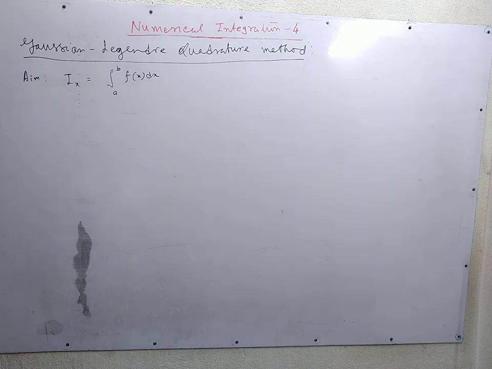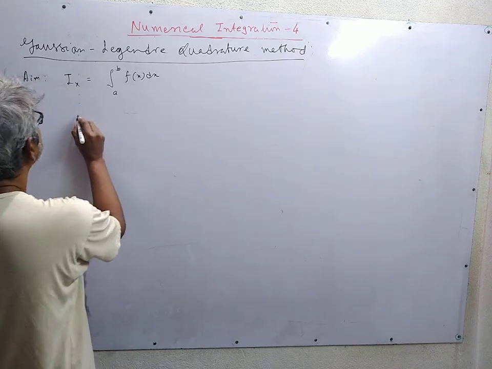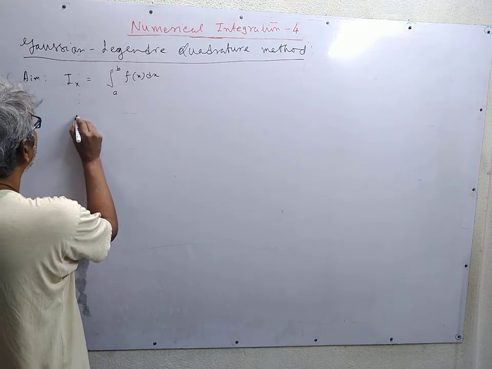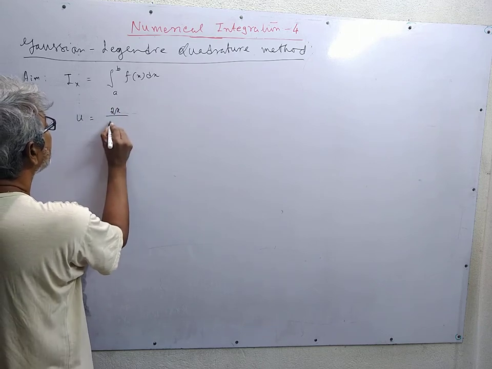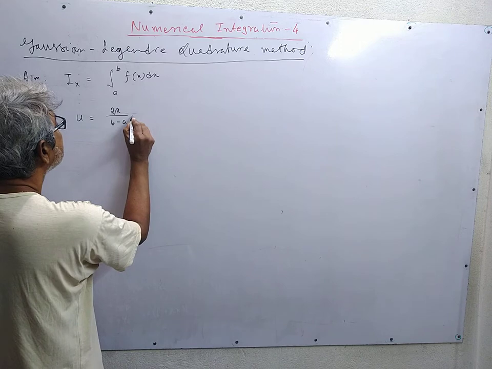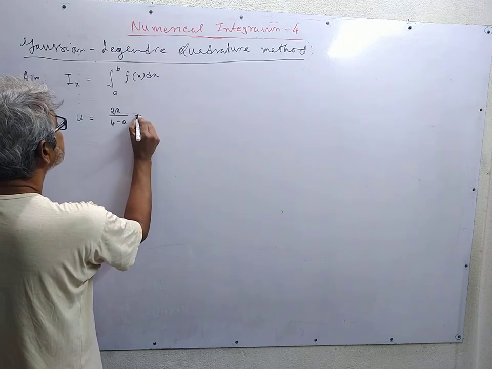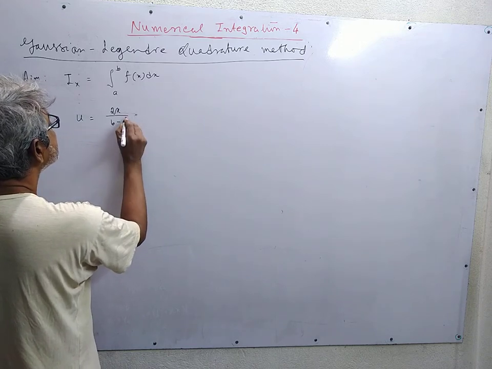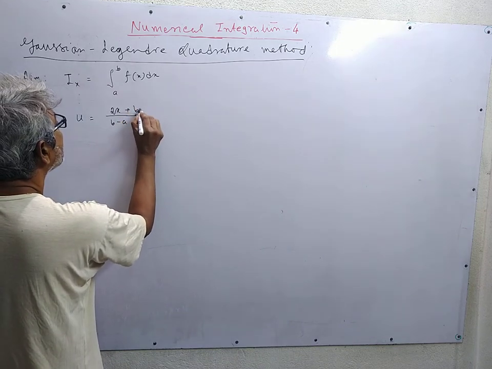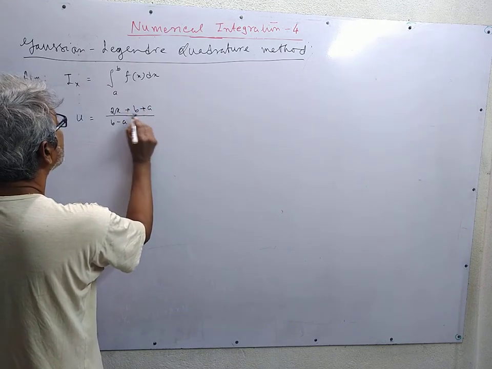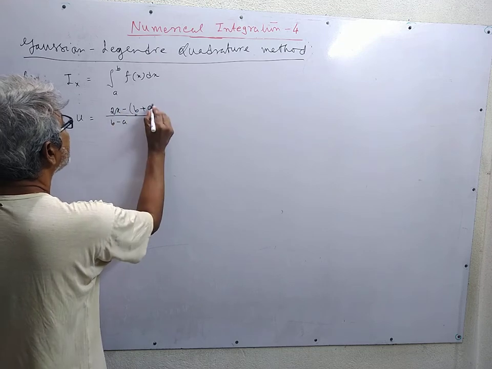We introduce a variable u such that it is 2x by b minus a, minus b plus a by b minus a.